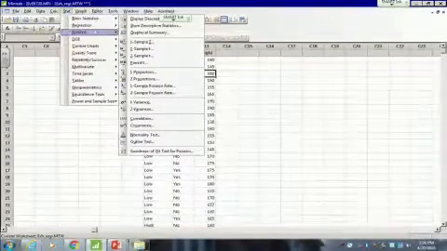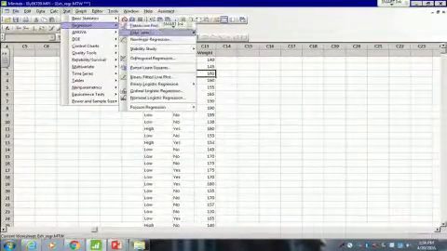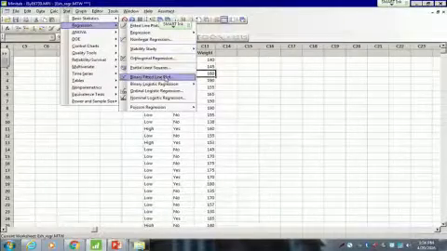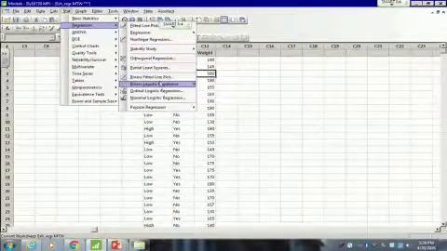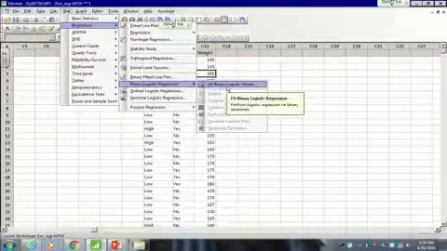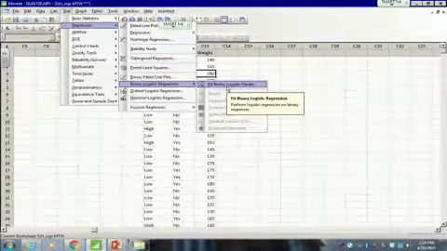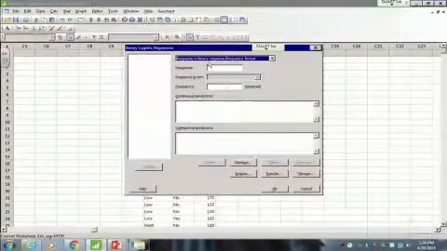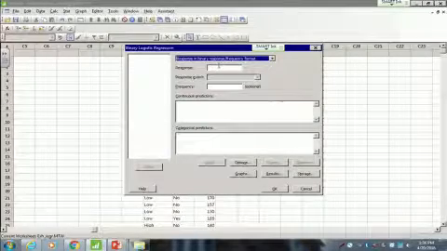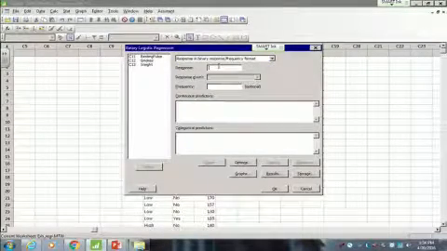So stat, regression, binary fitted line or binary logistic, both of them are fine. So binary logistic regression. It asks where is the response?